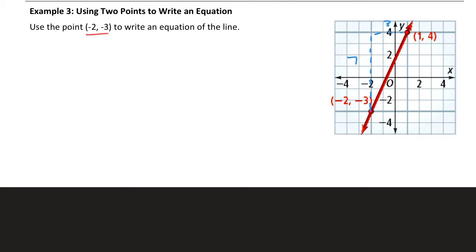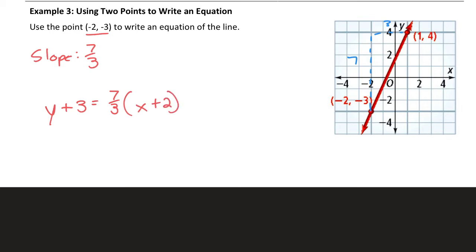So our slope is 7/3. So our equation, y minus -3, is really y plus 3, equals 7/3 times x minus -2, x plus 2.